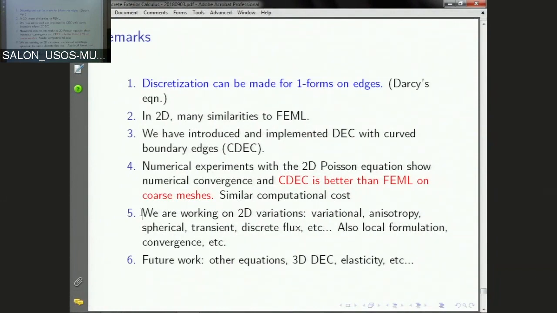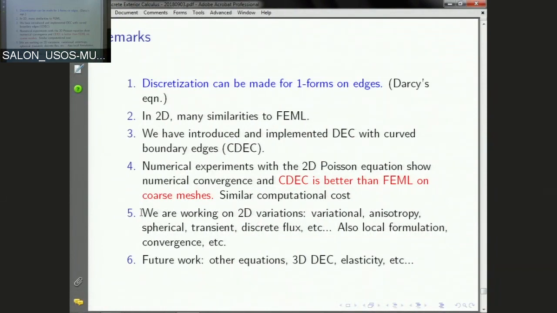In elasticity, many times people want to compute the stresses of the material along the edges of the discretization, along the edges of the mesh. But the equations are set up and solved for another function, a primary function. So the idea would be, or what we are after, is setting up the equations on the edges and solving the system on edges instead of on vertices. That's a novel concept for people that work in finite volume and so on and so forth.